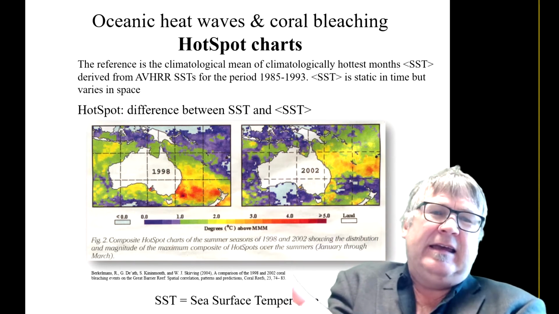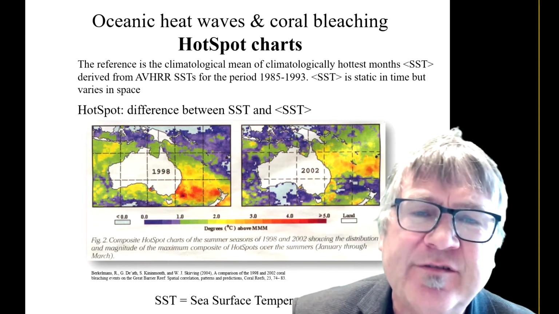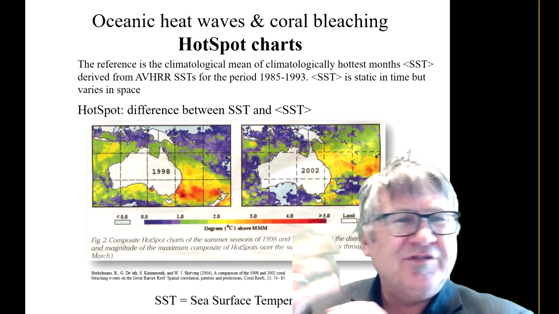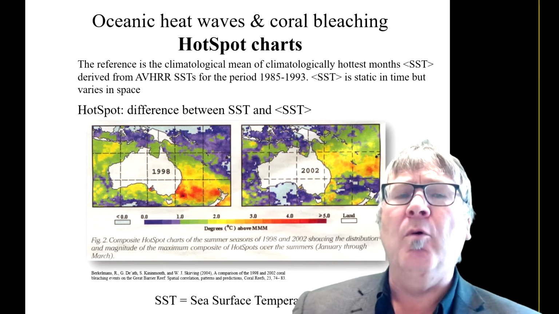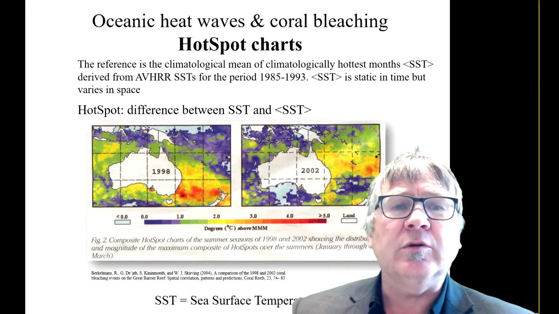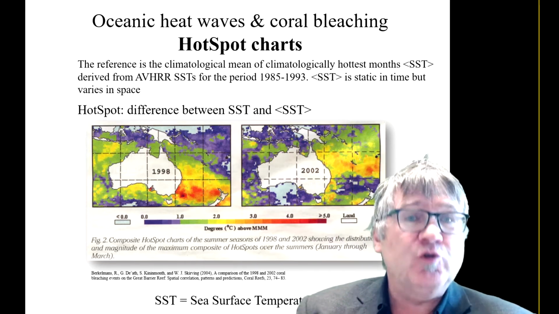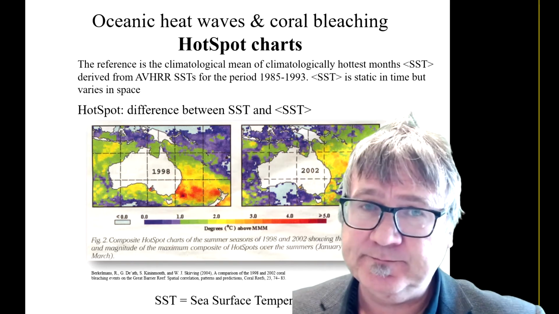So indeed, just looking at sea surface temperatures won't tell you much, because there's always the warm water pool. Now what really matters are two factors.